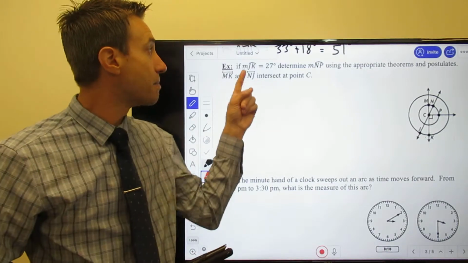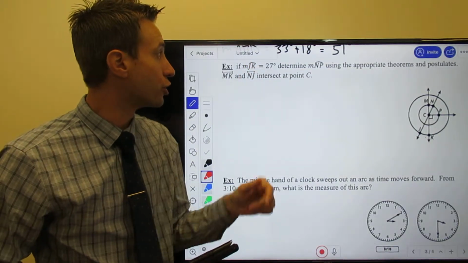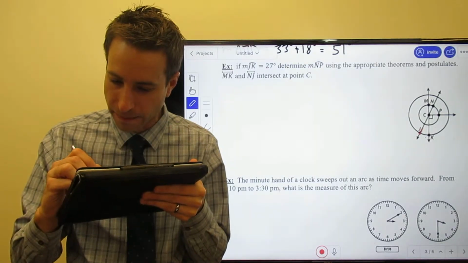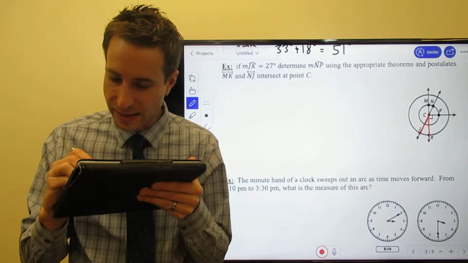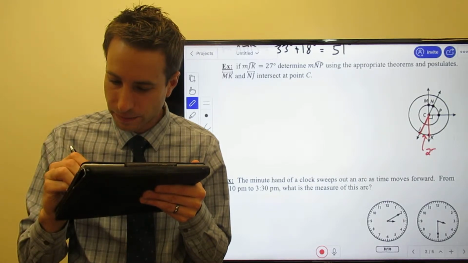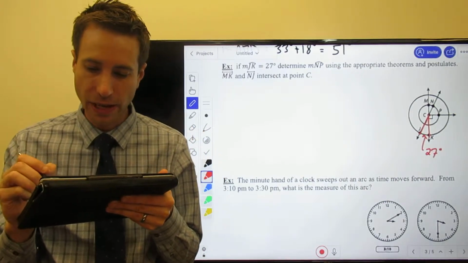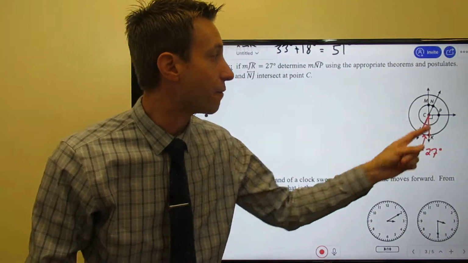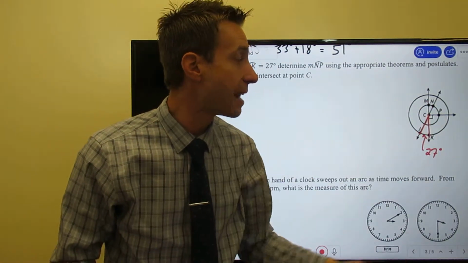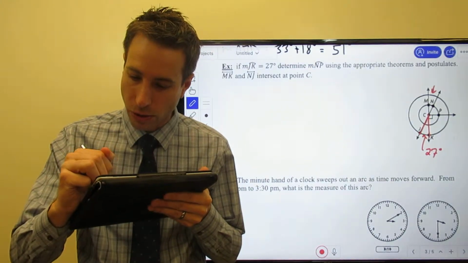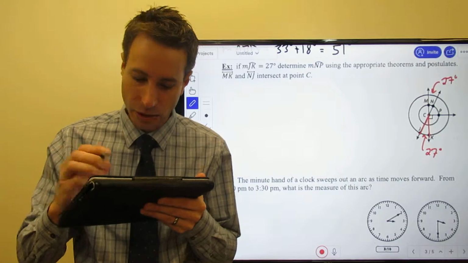First, they tell me that the measure of arc JK is 27. Let's find JK. There it is right here. This arc is 27 degrees. That's the measure of the arc. So check it out. Please notice JK is going to be a vertical arc with MN. So that means I now know that MN is also 27 degrees.